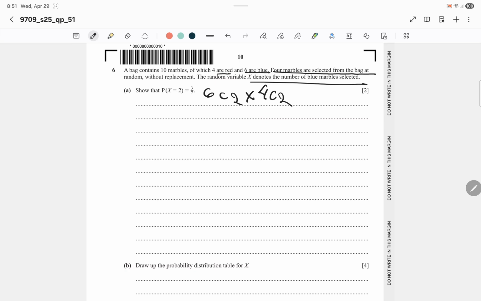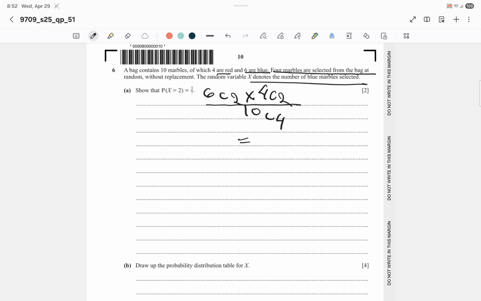Probability is divided by the total, which is 10C4, because over here the arrangement does not matter, since you don't know if you're going to take blue first then red, or red first then blue. That's why using combinations is easier.